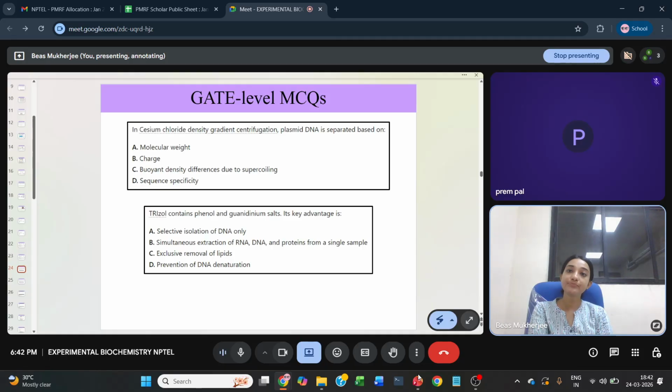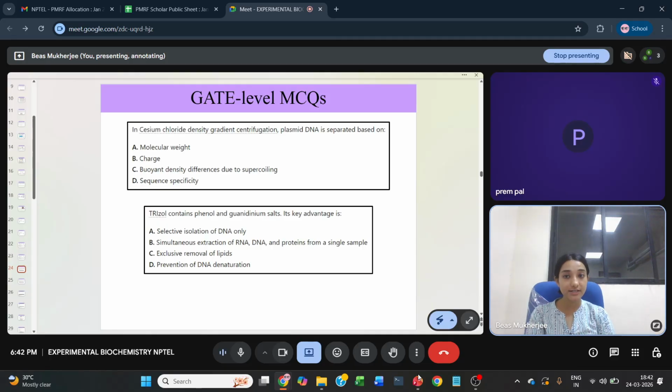Try answering them. In cesium chloride density gradient centrifugation, plasmid DNA is separated based on molecular weight, charge, buoyant density differences due to supercoiling, and sequence specificity. TRIzol contains phenol and guanidine salts.